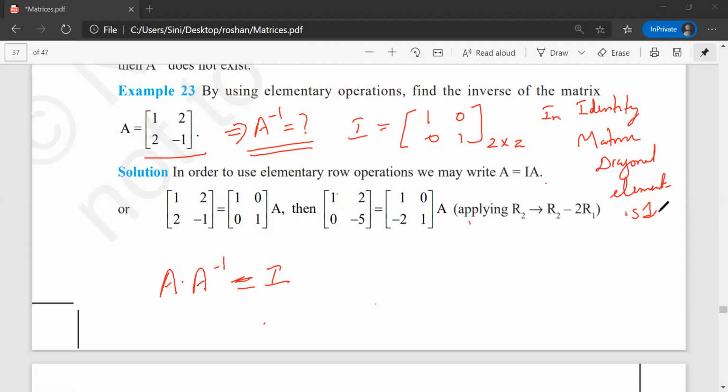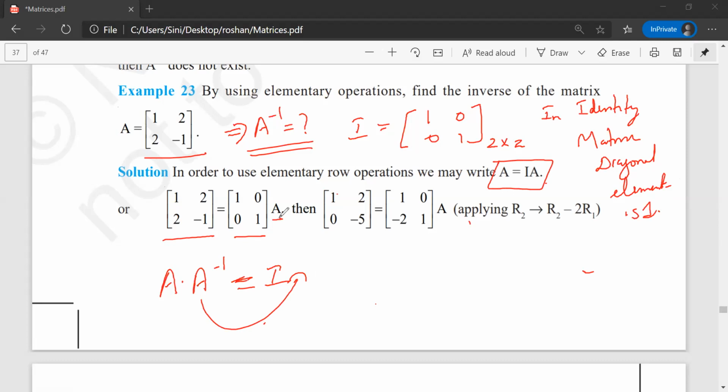Fine. So coming to this, A into A inverse is equal to I. So if this A inverse goes to this side, it will become what? I by A inverse. So I'll get it as what? A is equal to IA. So which means A is my question, I is identity, A is this. Correct?